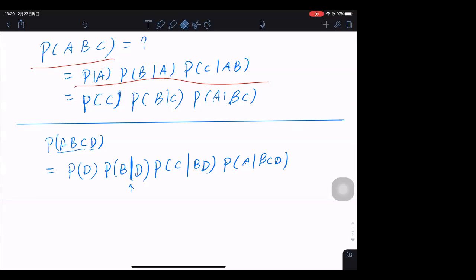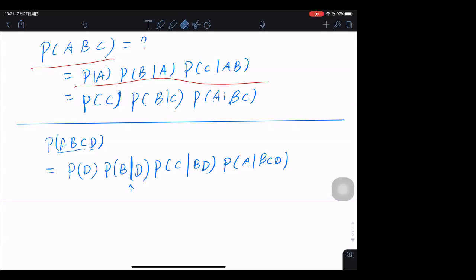So consider this as a recipe, and you can use this trick to decompose any kind of joint distribution without any conditional assumptions. This is always true, right?